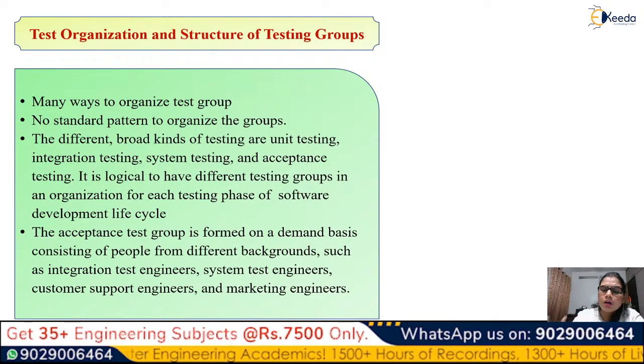Now, how do they form the group? The people have different qualifications and different backgrounds. The software test manager forms the integration test engineers differently, the unit testing group differently, and the system testers in the later part, because the entire system, the entire product, is going to be tested.